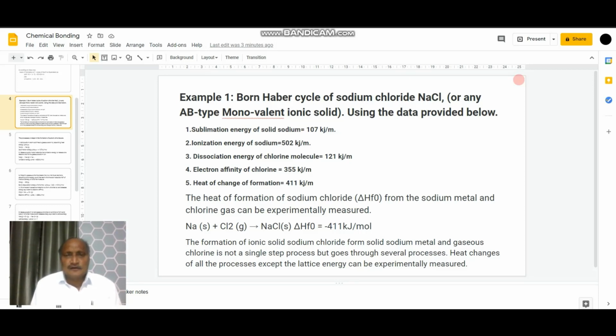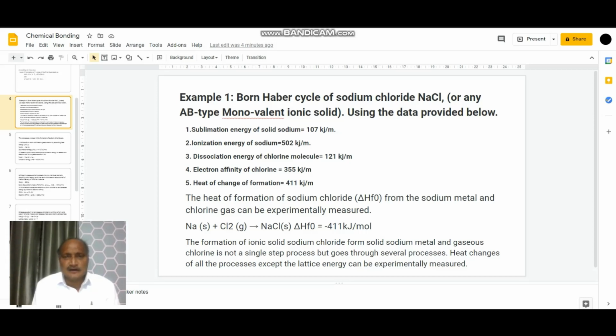Sublimation energy of solid sodium is equal to 107 kilojoules per mole. Ionization energy of sodium is equal to 502 kilojoules per mole.